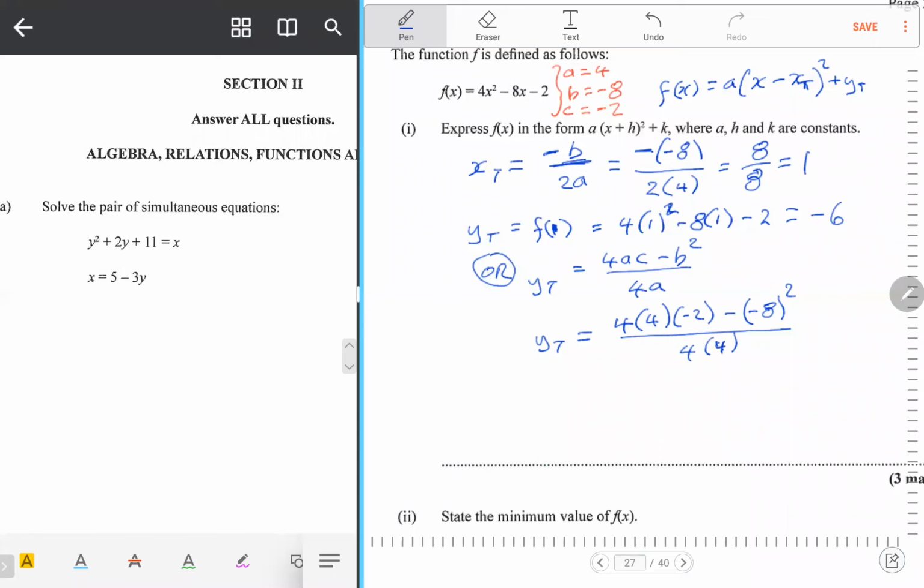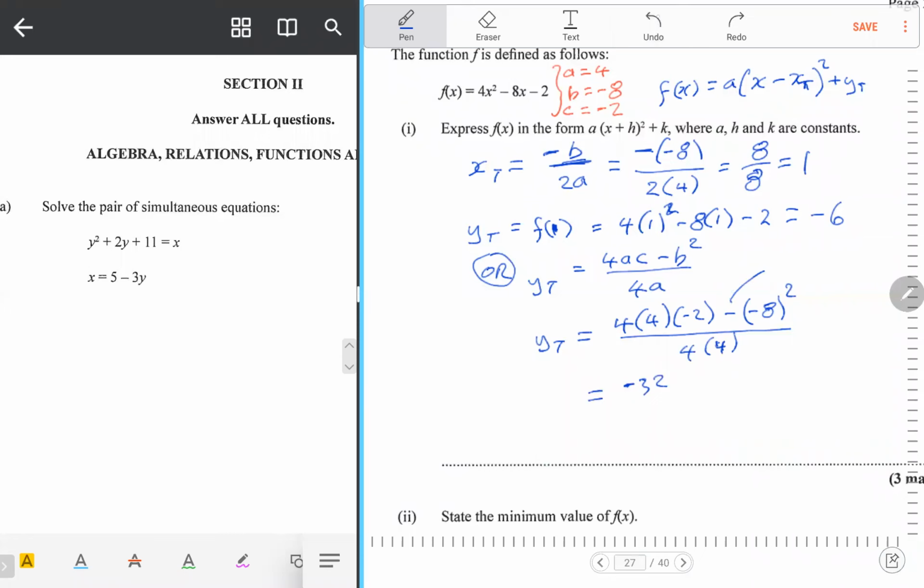Now this can be simplified down. It will be equal to 4 times 4 is 16, and then 16 times minus 2 is negative 32. Remember, you're not squaring this minus, so it comes back as a minus.